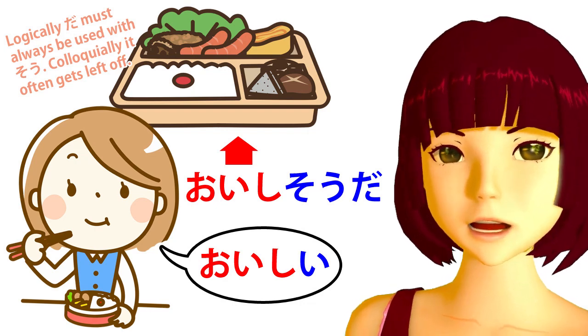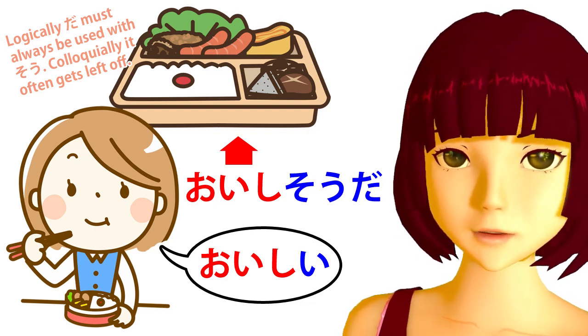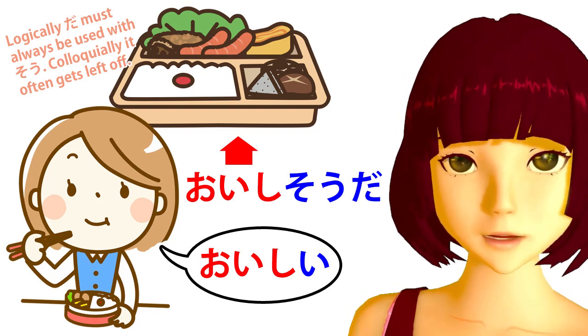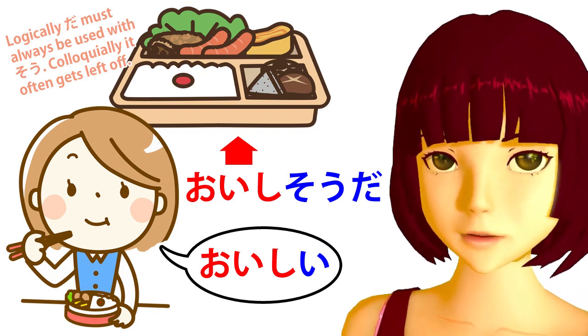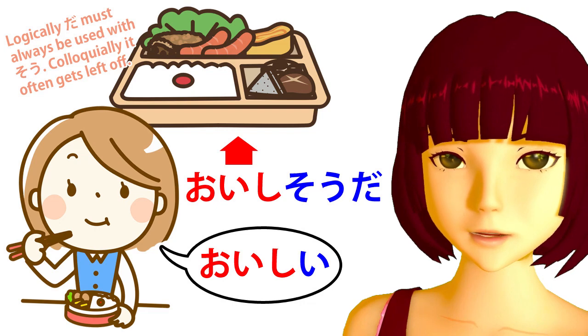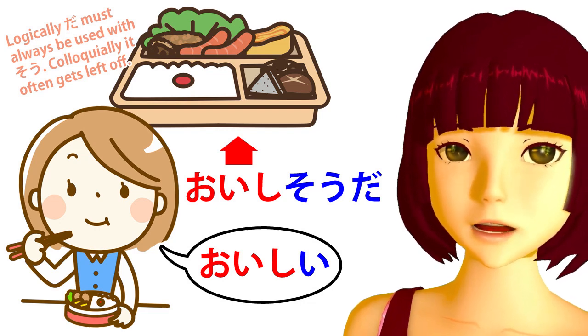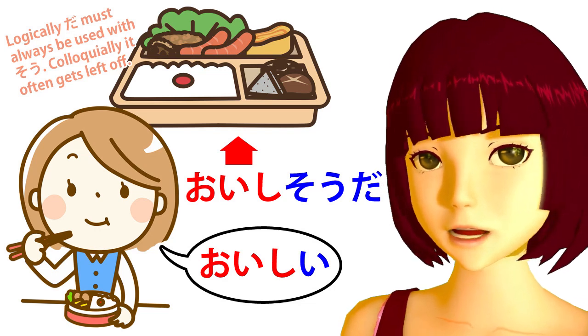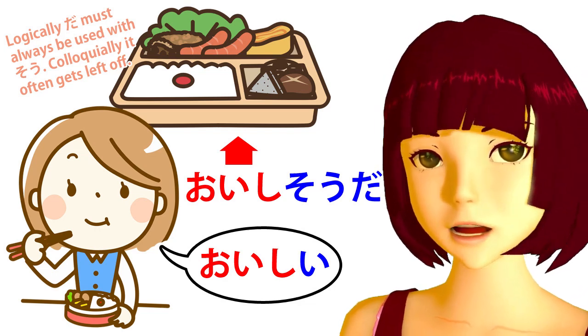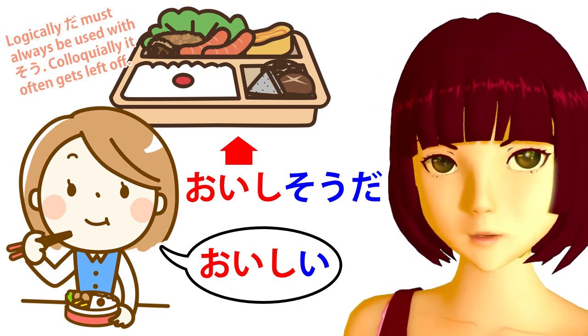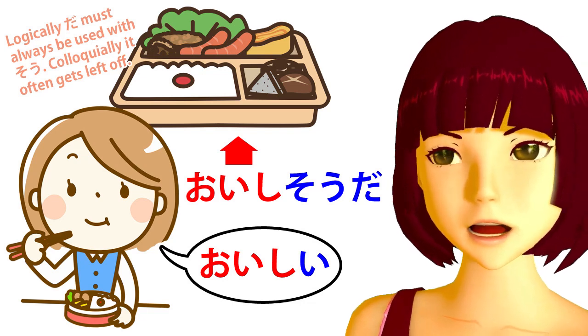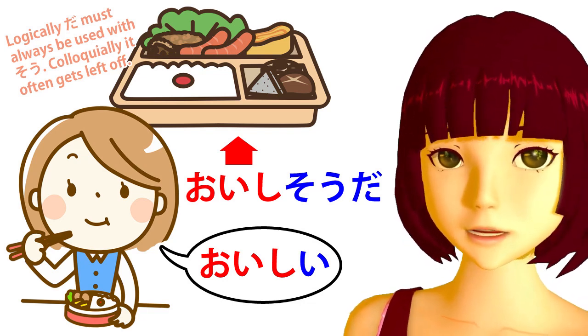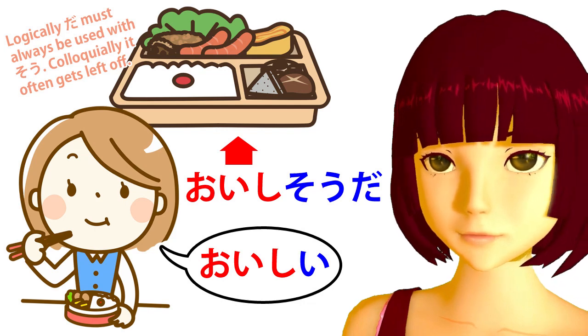And this is an important one to remember because, as we mentioned before, Japanese is a lot stricter than English in restricting us to saying only things that we can actually know for ourselves. So, unless you've tasted something, you can't say it's oishii. Unless you've done something, you can't say it's omoshiroi, interesting or amusing.